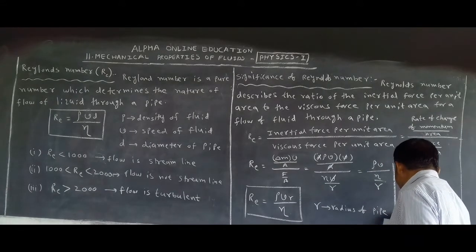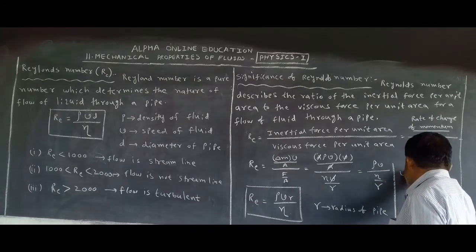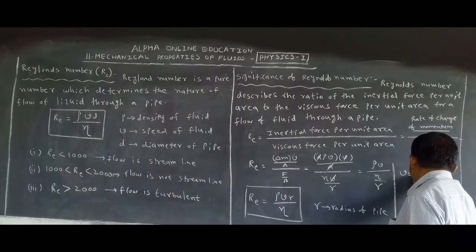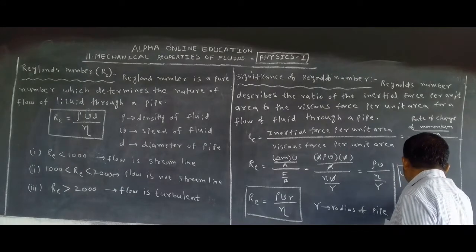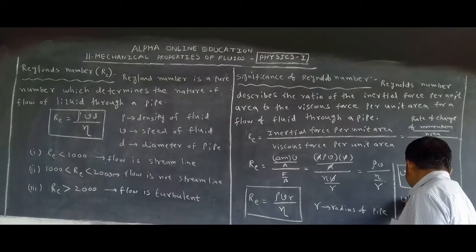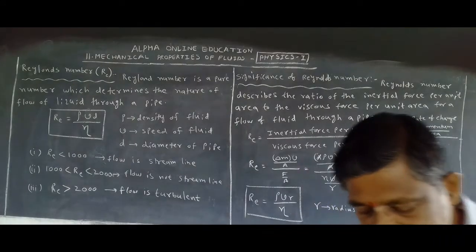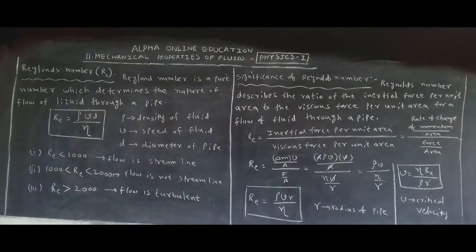Here I am writing that one. V is equal to eta Re by rho r. Here V is called critical velocity. This is another equation for critical velocity. Okay, this is about Reynolds number, and that is the equation for critical velocity, which we derived from this.